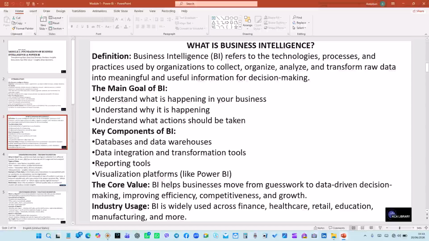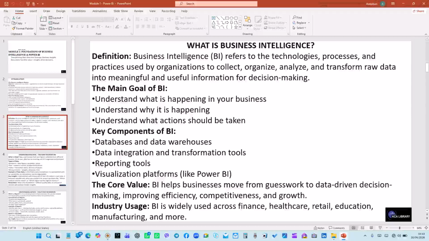The components of BI, that is business intelligence, include databases and data warehouses, data integration and transformation tools, reporting tools, and visualization platforms like Power BI.